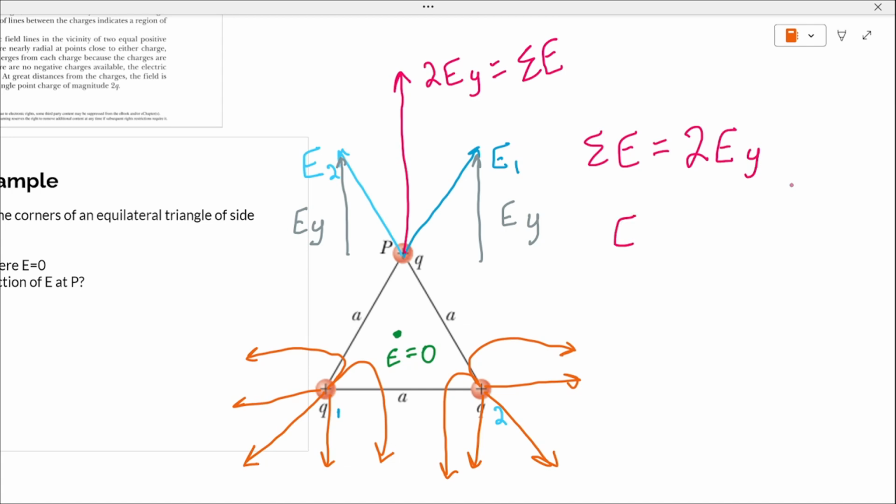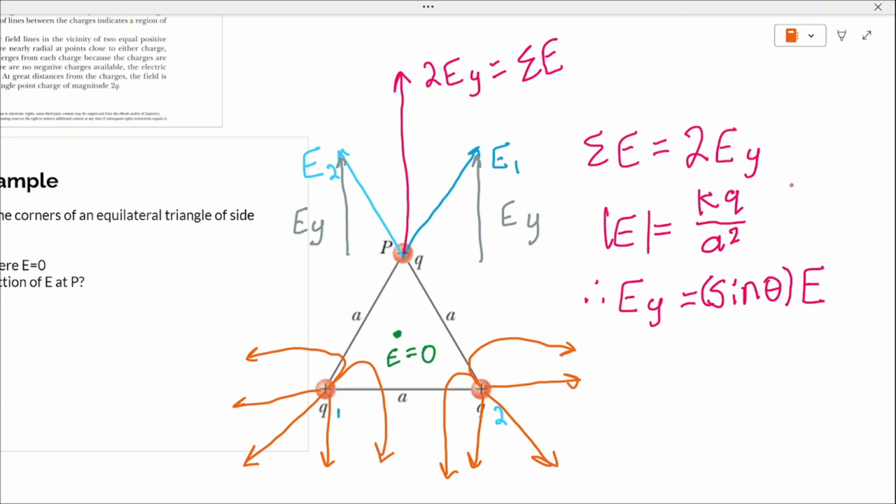So E equals, using our equation above, KQ over A squared. That would be the magnitude of E. Therefore, EY equals the sine of the angle multiplied by E. And from geometry, we know that the angle on an equilateral triangle is 60 degrees.